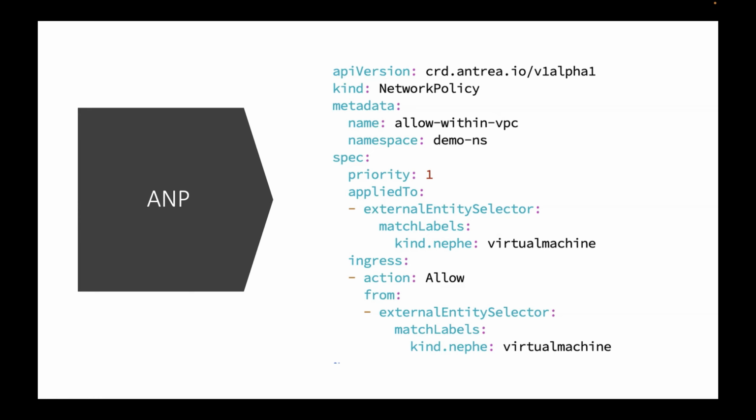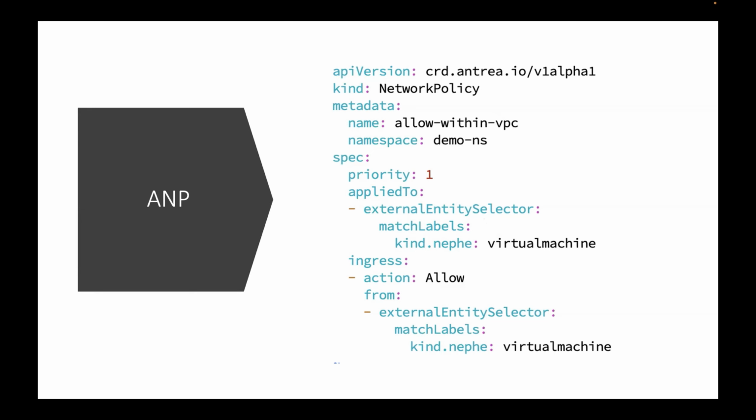We also discover tags from the public cloud and add those tags on the external entity. So the user can easily use those labels when defining an Antrea network policy. If they want those VMs to be managed using Antrea network policy, they have to use this external entity selector and include that in the apply-to field. I hope it answers your questions.